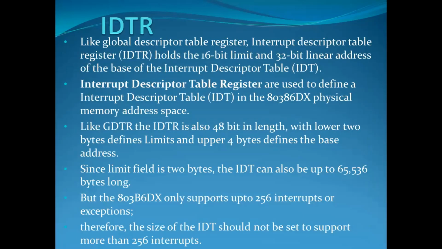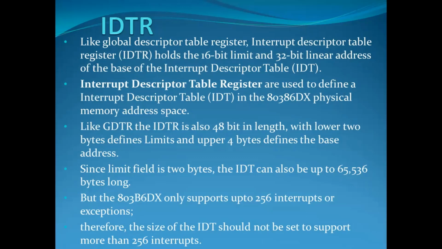Like the global descriptor table register, the interrupt descriptor table register holds the 16-bit limit and a 32-bit linear address of the base of an interrupt descriptor table. The interrupt descriptor table register is used to define an interrupt descriptor table in the 80386DX physical memory address space. Like GDTR, the IDTR is also 48 bits in length, with the lower 2 bytes defining the limit and the upper 4 bytes defining the base address.